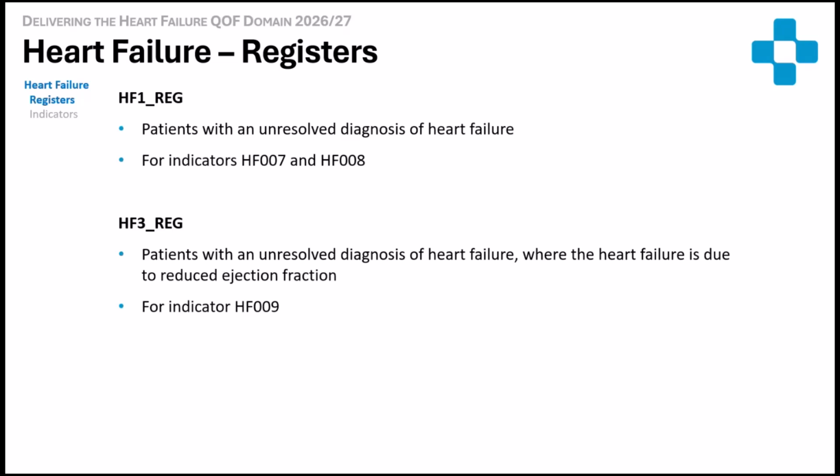There's then a second register called HF3 Reg, which is for patients with unresolved diagnosis of heart failure where the heart failure is due to reduced ejection fraction. This one is in use particularly for the HF009 indicator. So that's the basis of the different indicators and where the patients will be coming from.